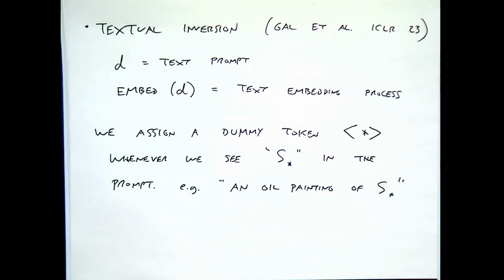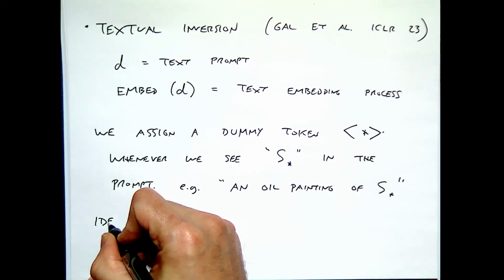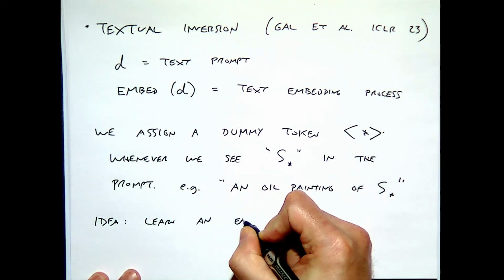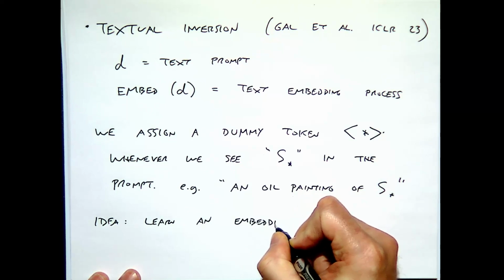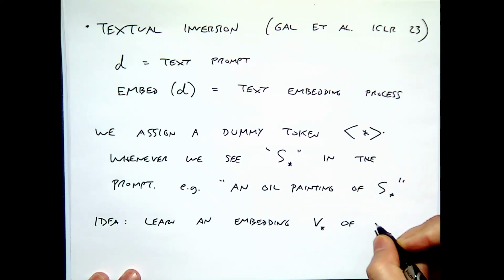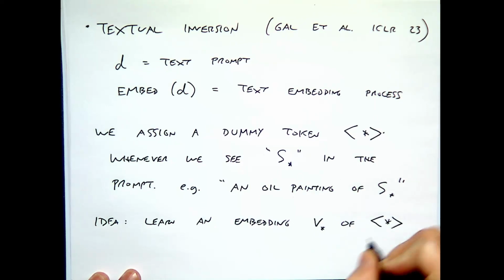And the idea is to learn a good embedding of this token. So we want to learn an embedding, let's call it V star, of this asterisk, to remember this new concept. We don't want to otherwise retrain or touch the existing text encoder or the latent space decoder. We just want to learn this one new concept, okay?